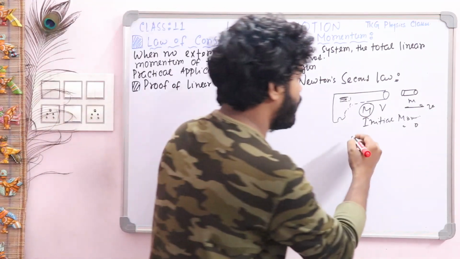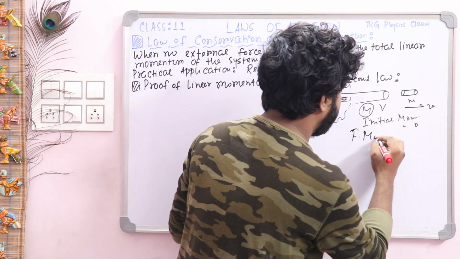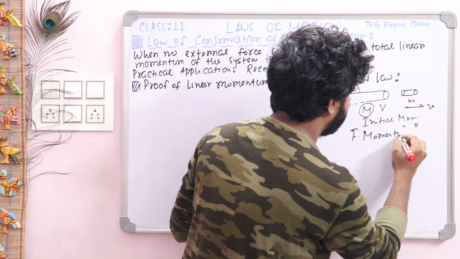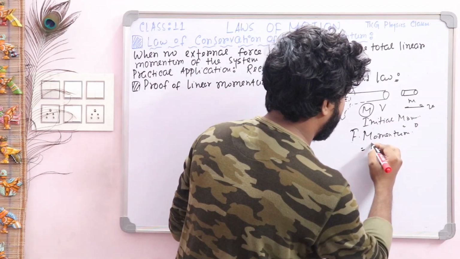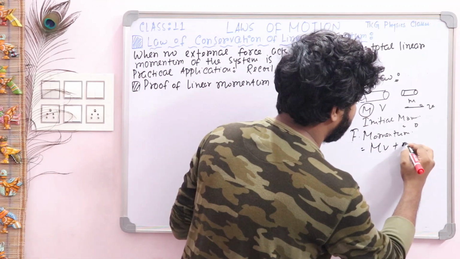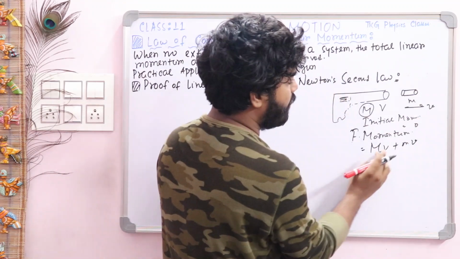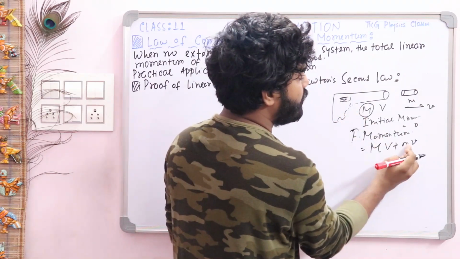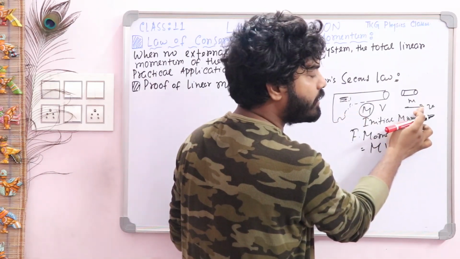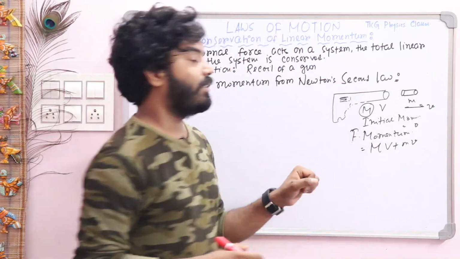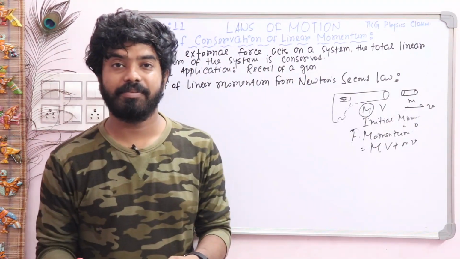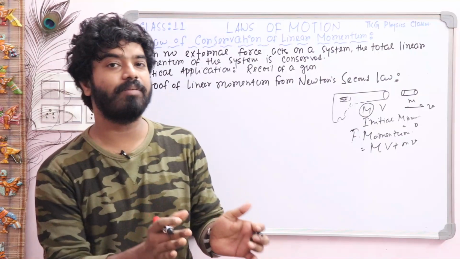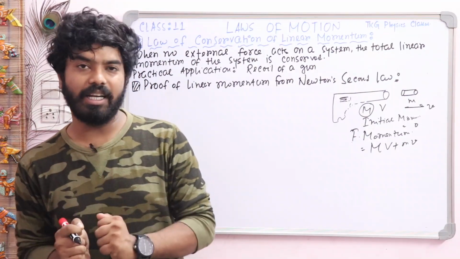The final momentum after firing is M into capital V plus m into small v. M into capital V is the momentum of the gun, and m into small v is the momentum of the bullet. Now the linear momentum is conserved. That means the initial momentum is exactly equal to the final momentum.